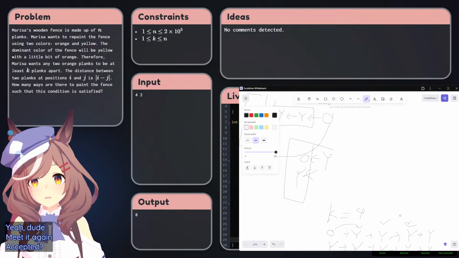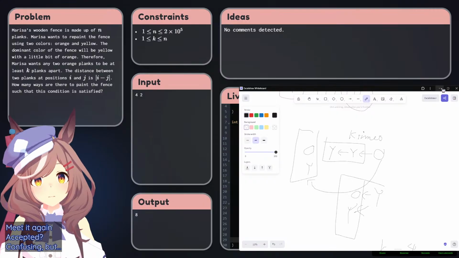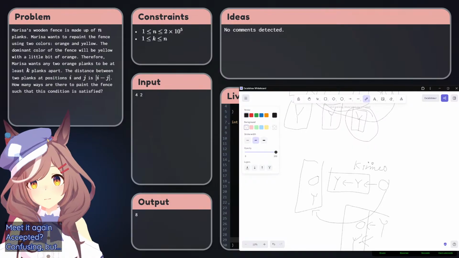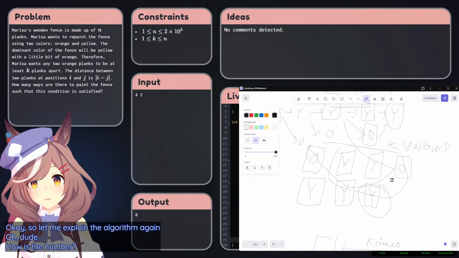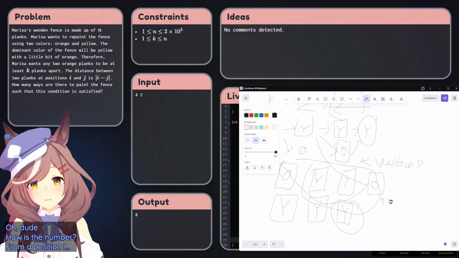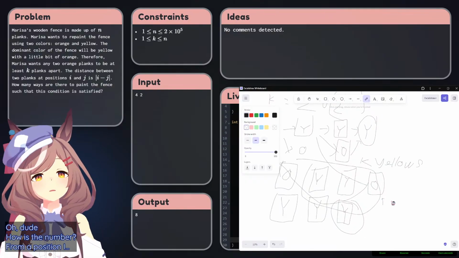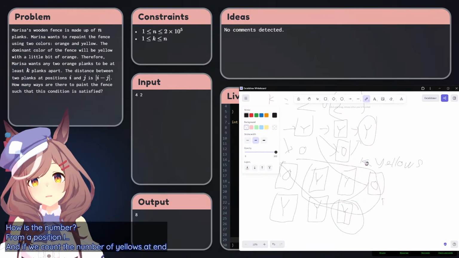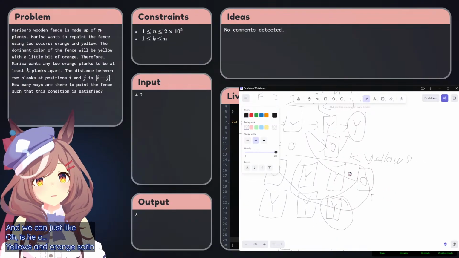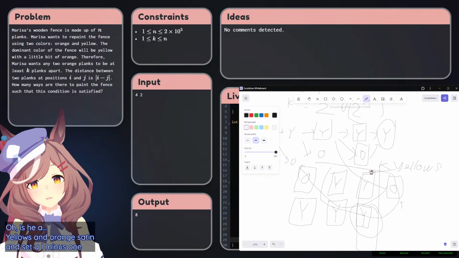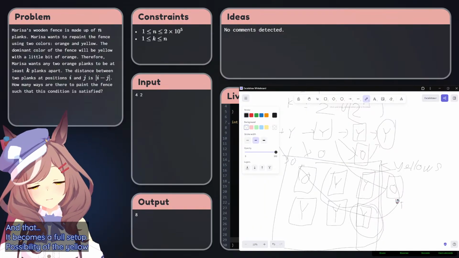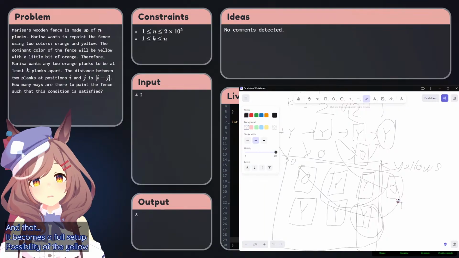Quite confusing, but okay, let me explain the algorithm again. To count from a position i, if we count the number of yellows that end at i, then we can just take all the yellows and oranges that end at i minus 1, and that becomes the full set of possibilities for the yellow, because the one before can be yellow or orange, we just don't care.